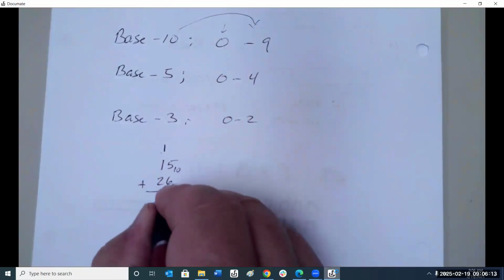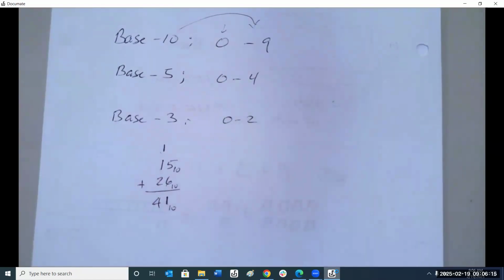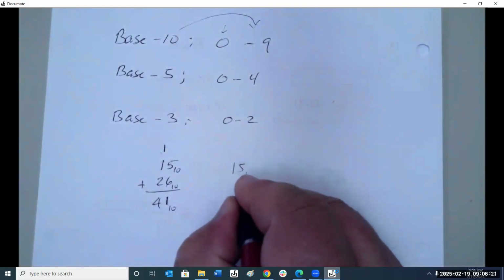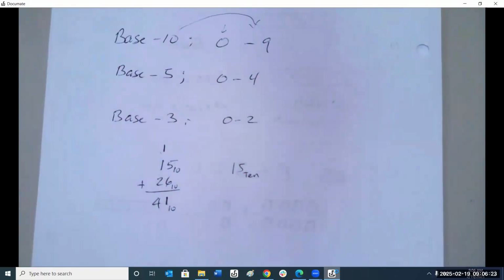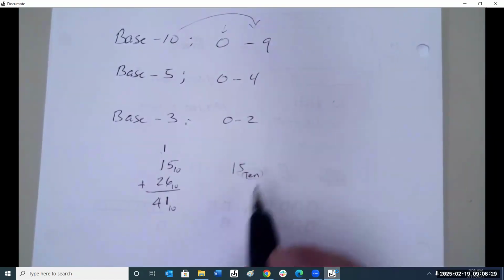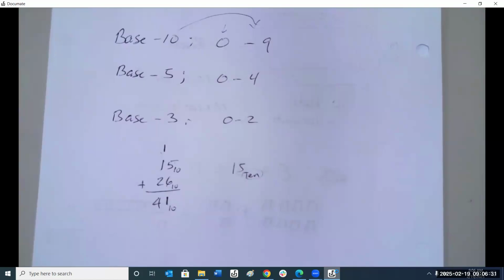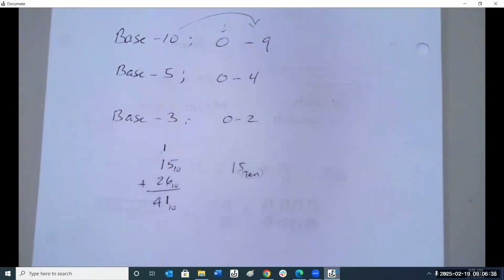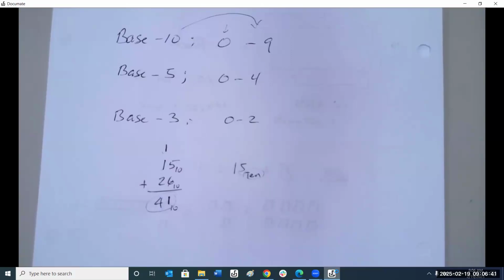Well, you won't know until you tell me these are base 10. Usually you have the word, you can either have like 15 base 10. Because if you're dealing with different base systems, you have to tell me what base you're using. Because I can use these numbers for base 7 or base 8, which would give me a whole different answer.